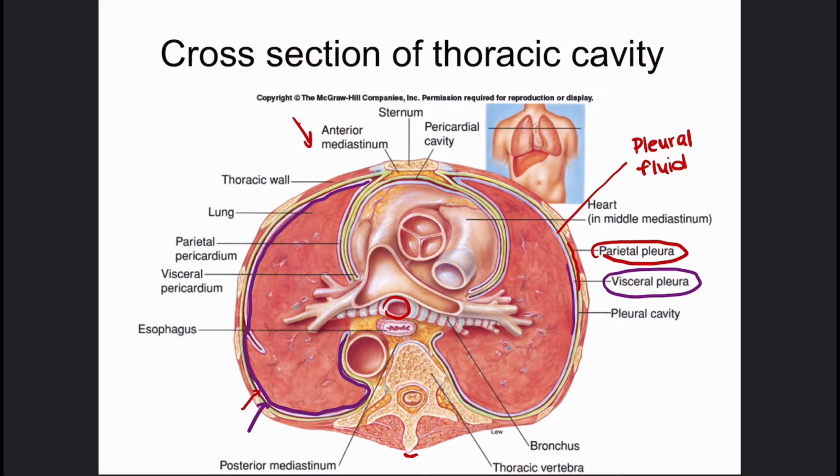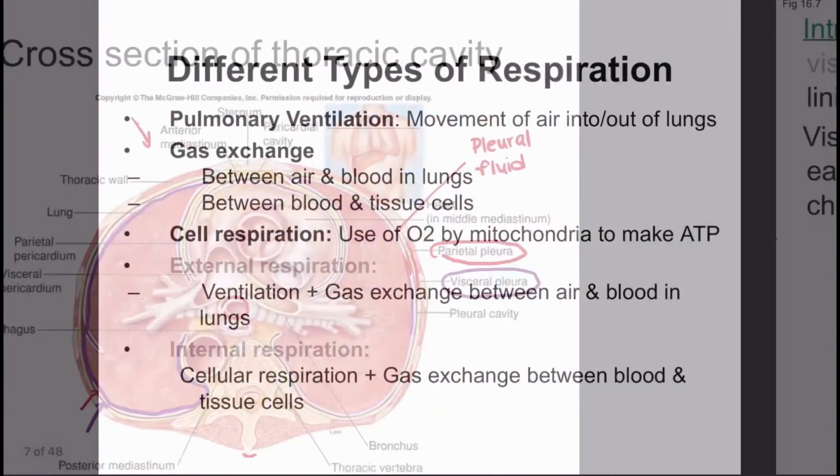This is going to play a role in breathing mechanics. This cavity filled with pleural fluid is called the interpleural space. And a lot of times the parietal and visceral pleura are kind of stuck together, so they move together.